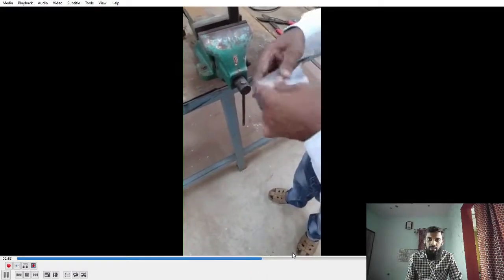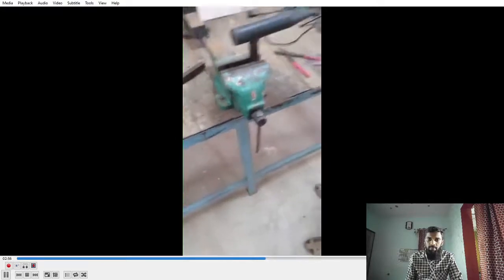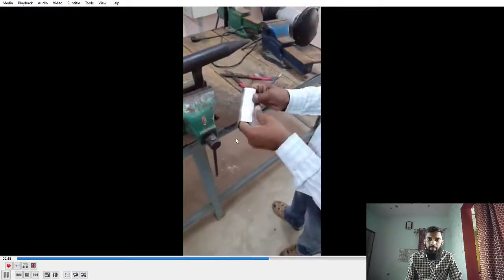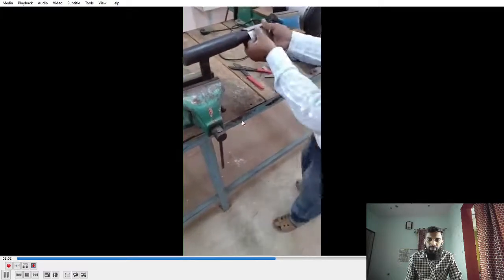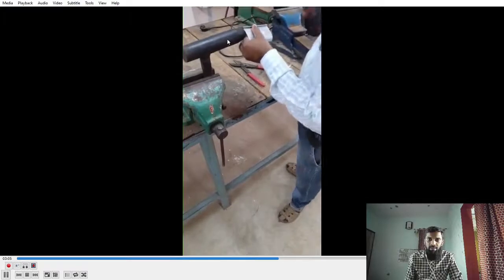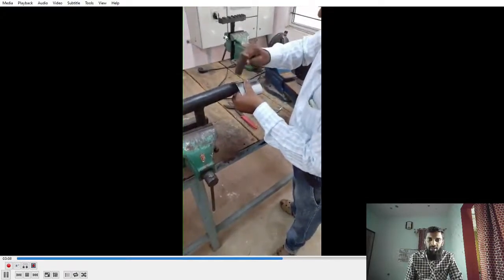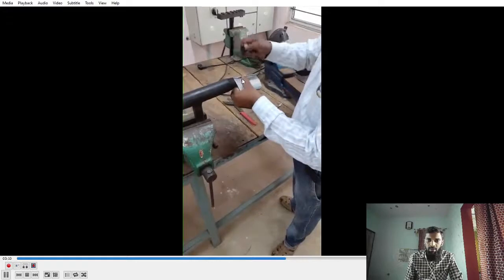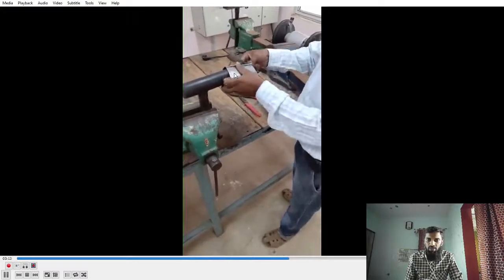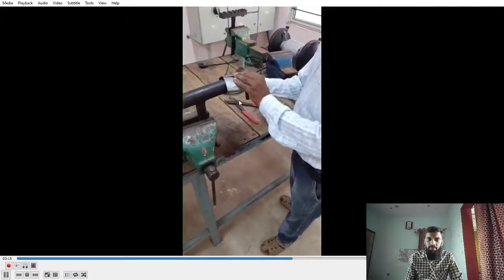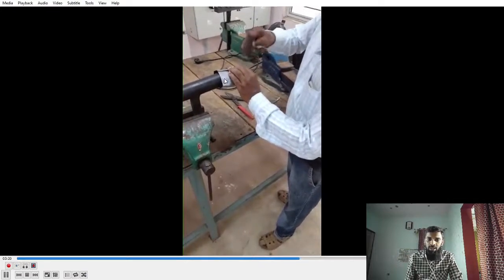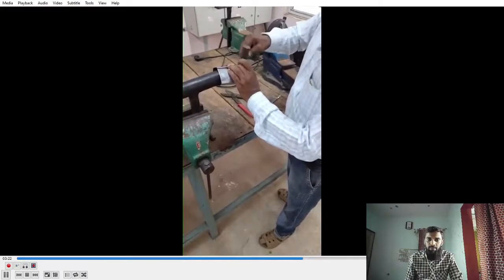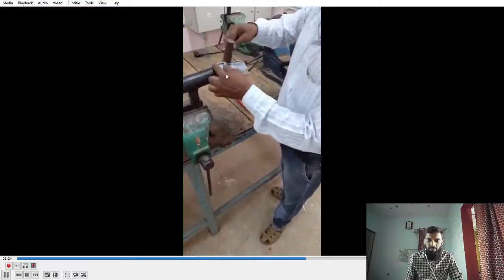These two bent edges should be interlocked, and with the help of a cylindrical anvil, you are tapping it so that the joining process is finished. So you have to properly hold the joint so that the edges are interlocked. The seam joint preparation is very important.